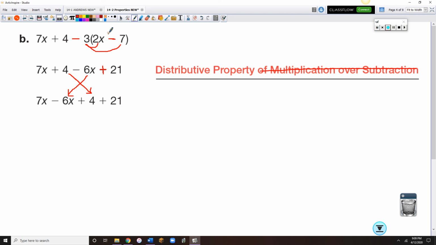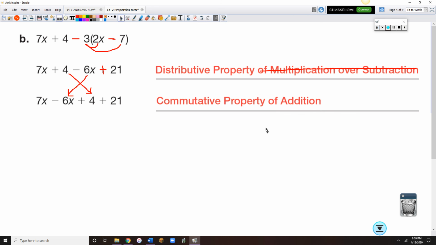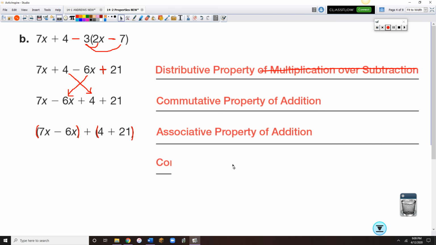So anytime the order of the numbers change, that is commutative property. Okay, I'm seeing parentheses or grouping has been added. These are grouped together and these are grouped together. So when we have grouping, we call that associative property of addition.